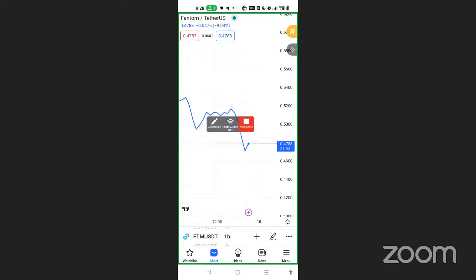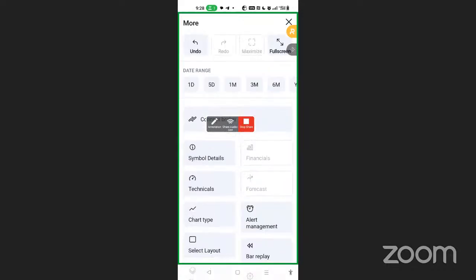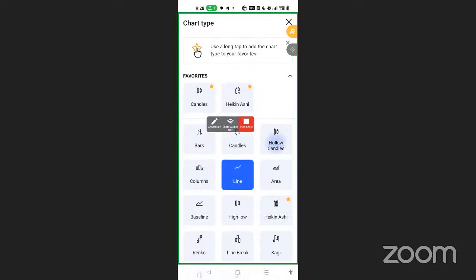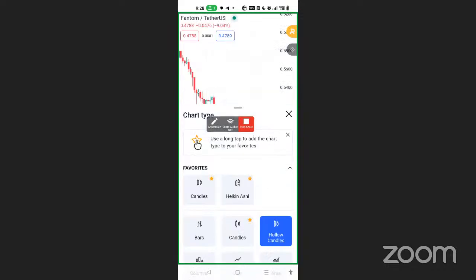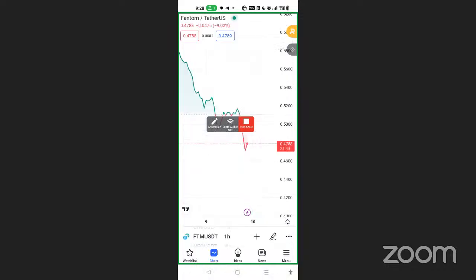If you come back to chart type and choose hollow candles, this is how hollow candles will look. To differentiate the red from the green, some will be solid and others will have holes in them. If you choose line base, that's how it will look.